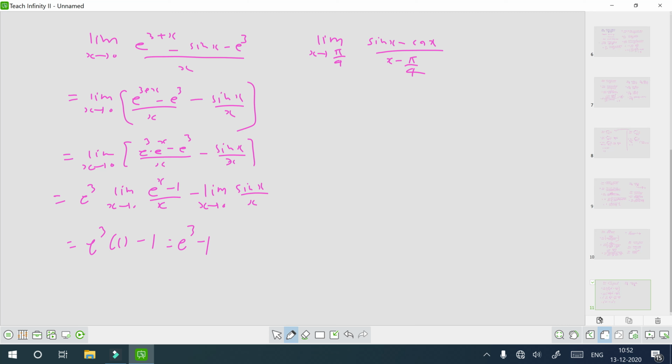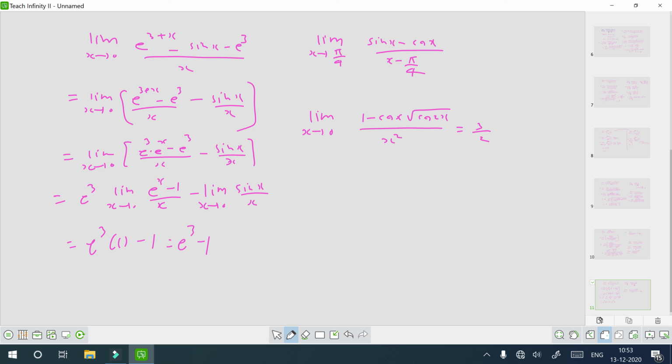Let us take one more sum. Limit x tends to 0, 1 minus cos x under root cos 2x over x square. Rationalize it. Then if you solve it, the answer comes to 3 by 2.